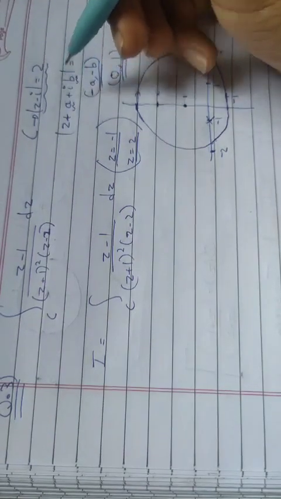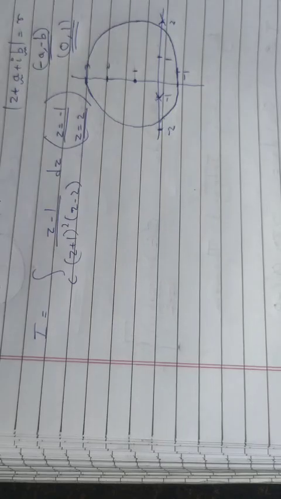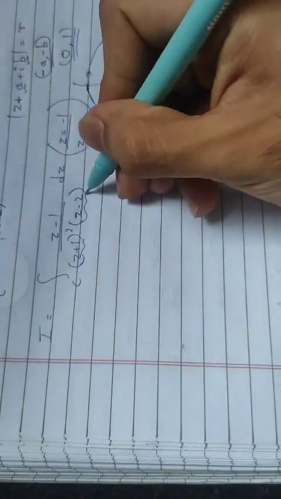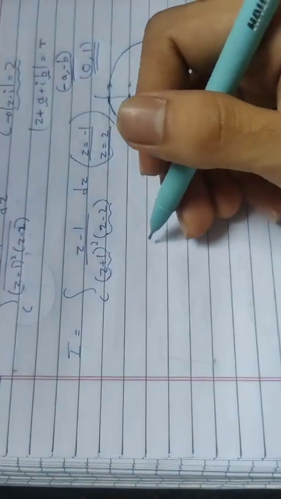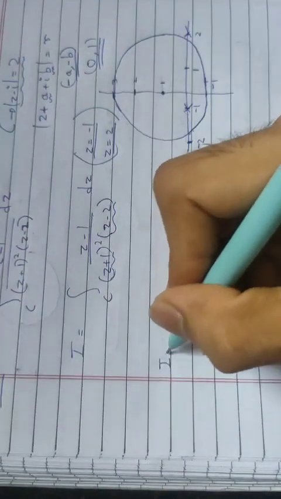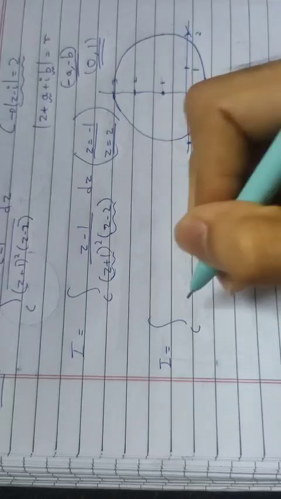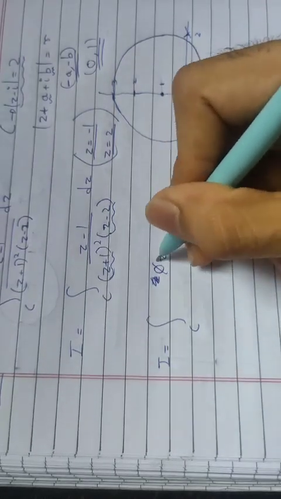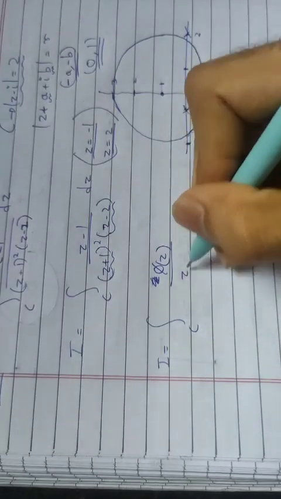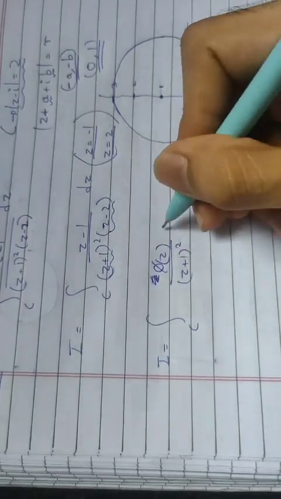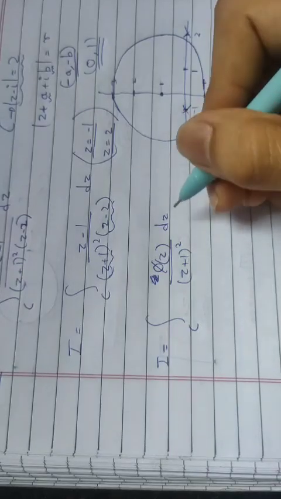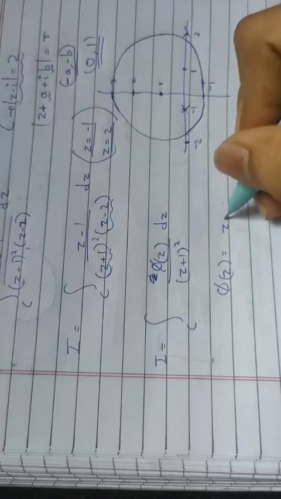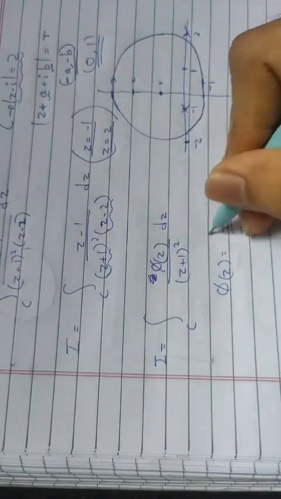So this point is inside, this point is outside, so we are not bothered by that. Now we could write the integral I as the integral of phi of z upon z plus 1 whole square dz, where phi of z is equal to z minus 1 upon z minus 2.